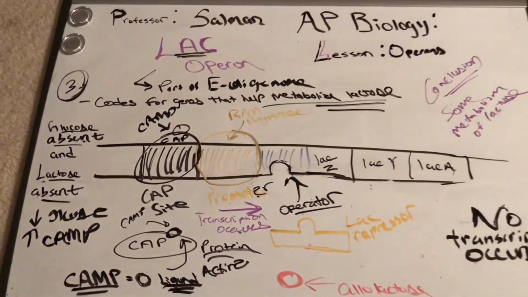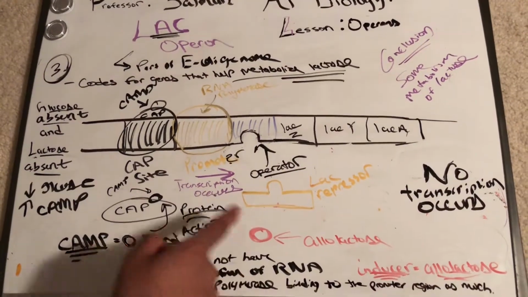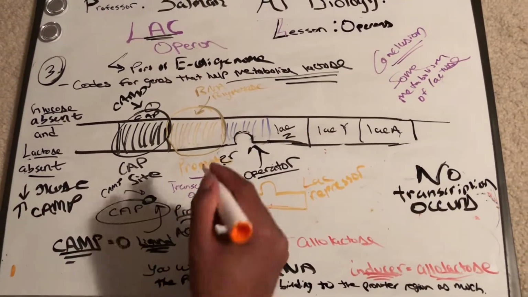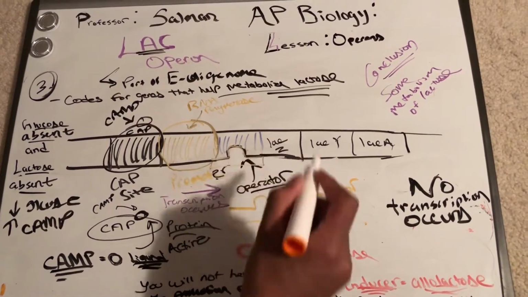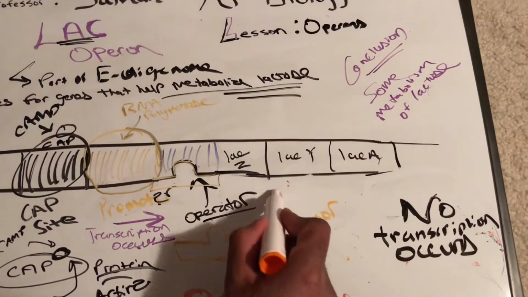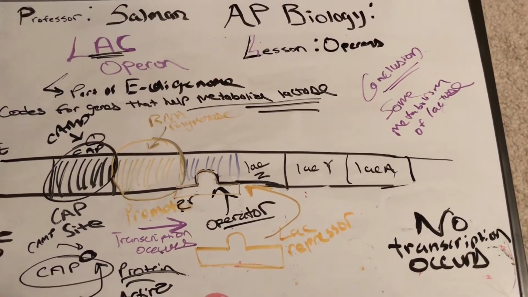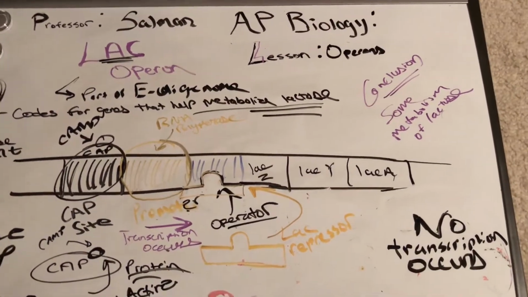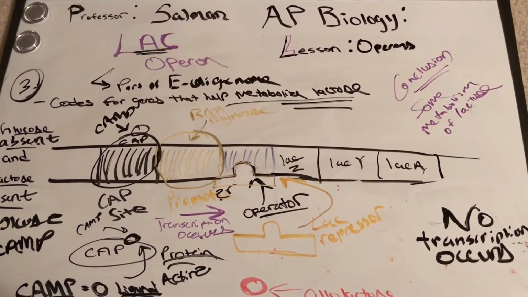However, since lactose is absent, you have your lac repressor bound to the operator region. You see this repressor here? It will be bound. Since there is no lactose, you do not need the metabolism of lactose to occur, which is the job of the lac operon.